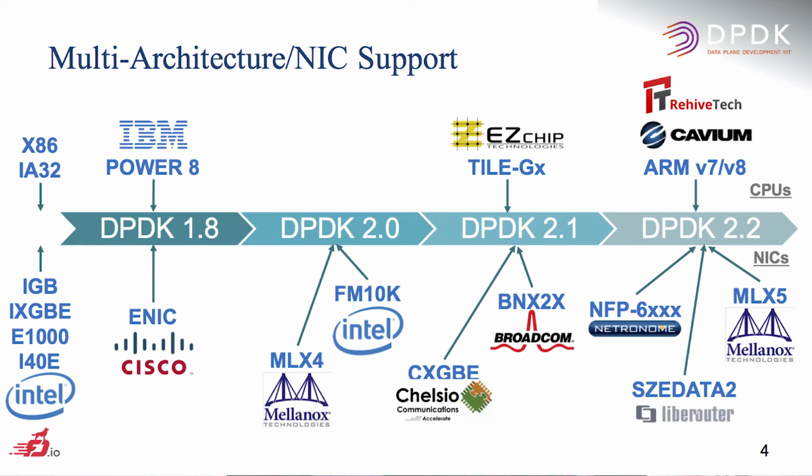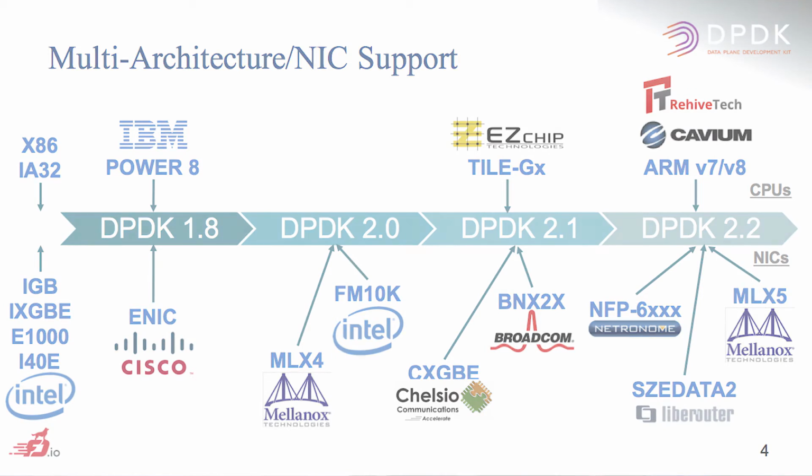Nowadays we have Intel, but we also have ARM, Power architecture, and Tile architecture. In terms of NICs, we have Intel NICs, but we also have Mellanox, Cisco eNICs, Chelsio or Broadcom NICs, and Netronome NICs. So nowadays DPDK is the place to be, and most of the NICs are already there, so you don't need to search for them elsewhere.